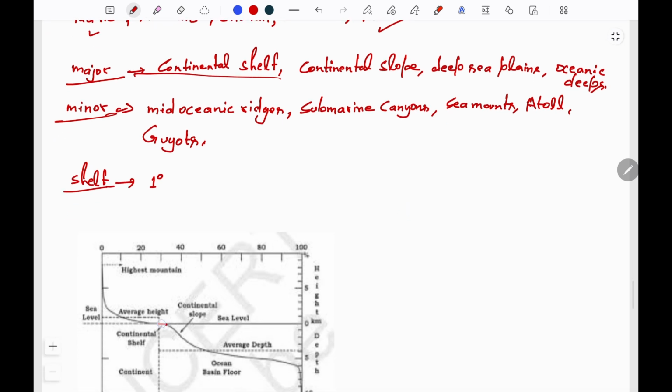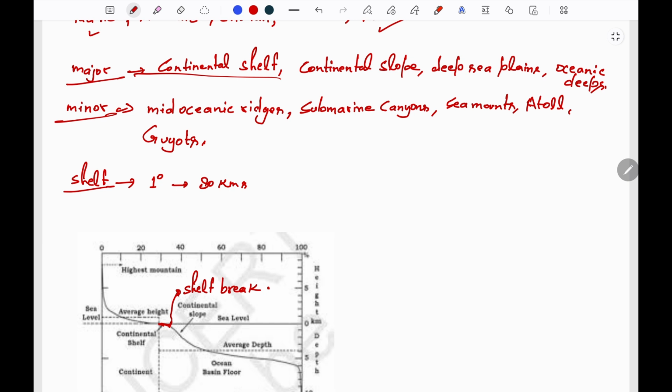Here is the continental slope part, and the point from where the continental shelf ends and the continental slope starts is known as continental break or shelf break. Average width of this continental shelf is around 80 kilometers, and its width varies from ocean to ocean. Somewhere it is very narrow, somewhere it is very broad.